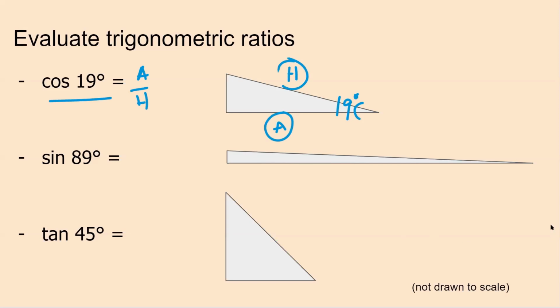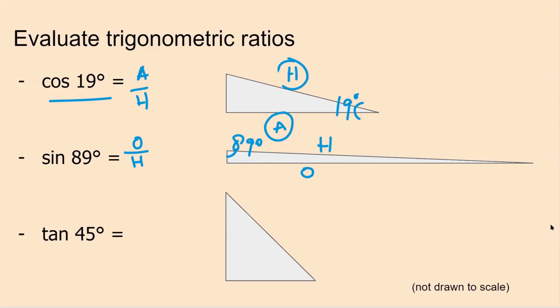Over here we have the same thing, sine of 89 degrees. So let's name this angle 89 degrees. It's getting a bit crowded. Since sine is opposite over hypotenuse, we're going to divide whatever the opposite is, in this case this side, by the hypotenuse.